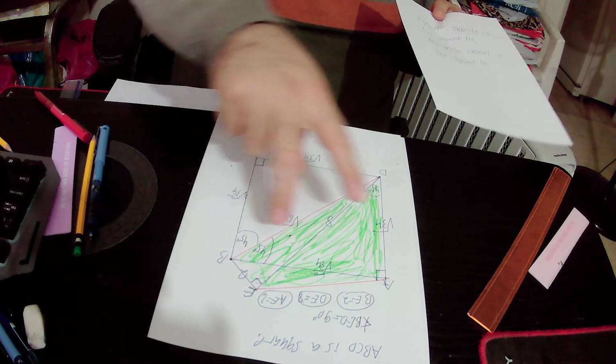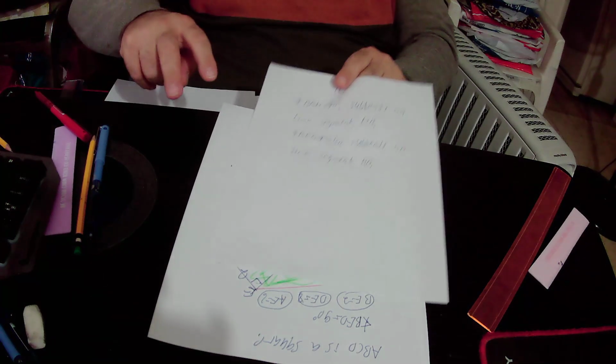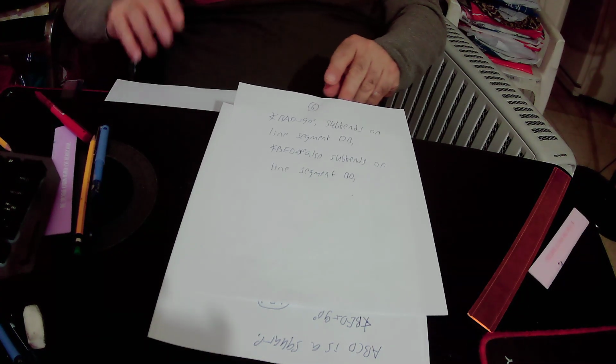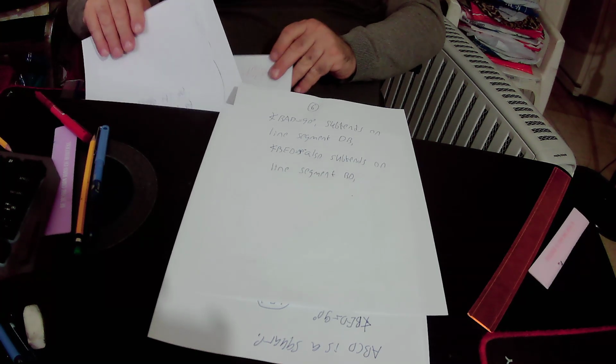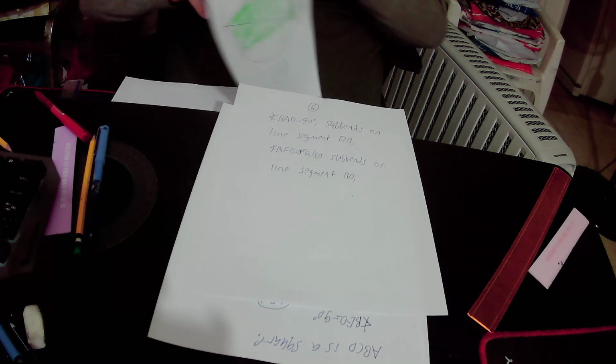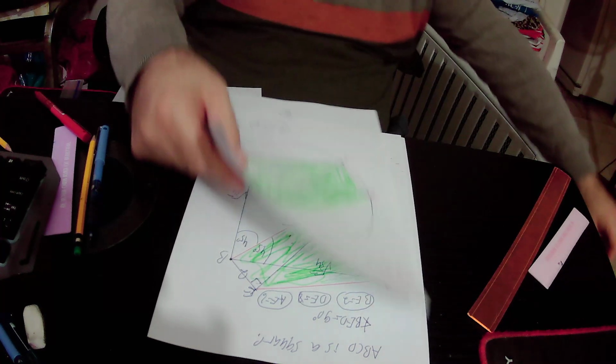So we have two equal angles. They both rest on the same line segment BD. Therefore, according to rule number 2, I will show it on the drawing.